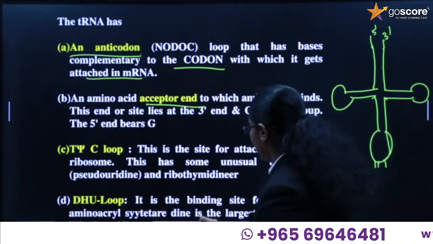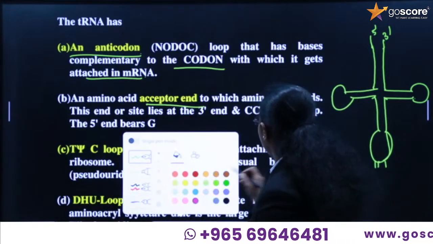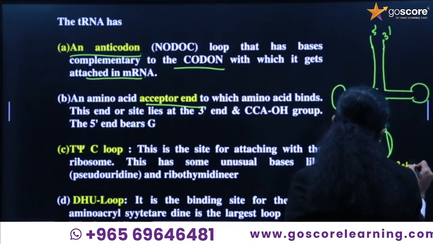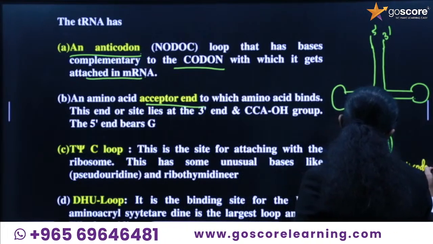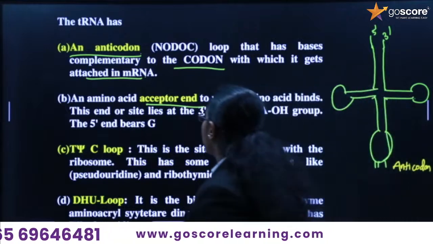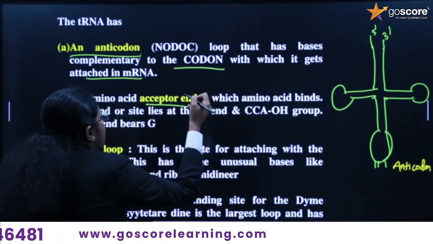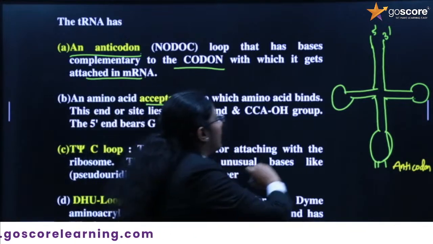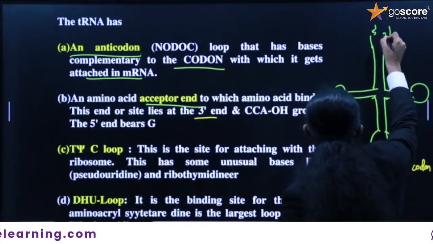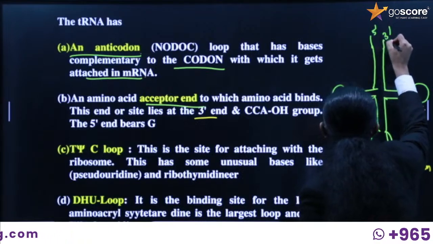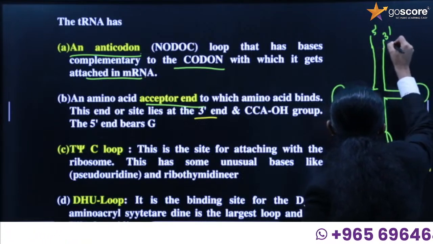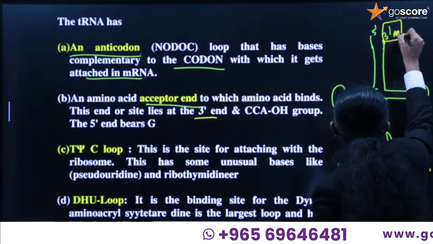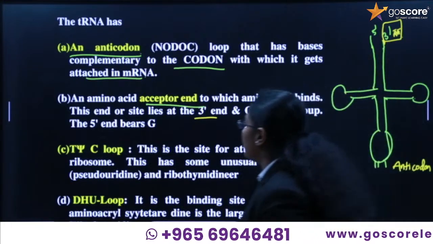So we can say this is the anticodon region. And the amino acid end is there, and where is it attached? It is attached to the 3' end. So we can say this is the amino acid end, where it carries the amino acid.